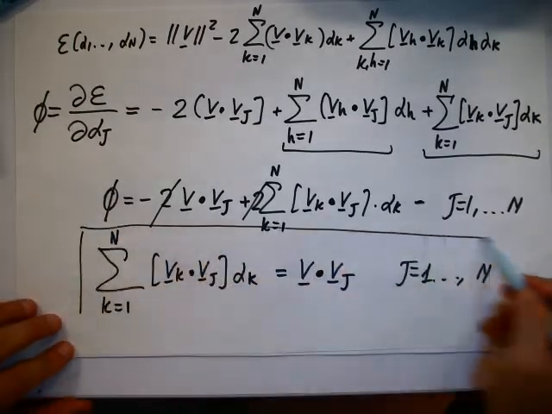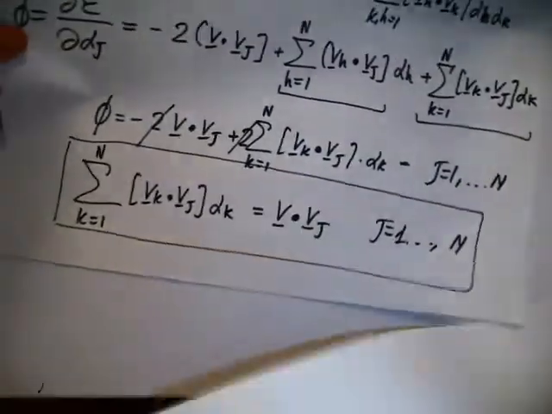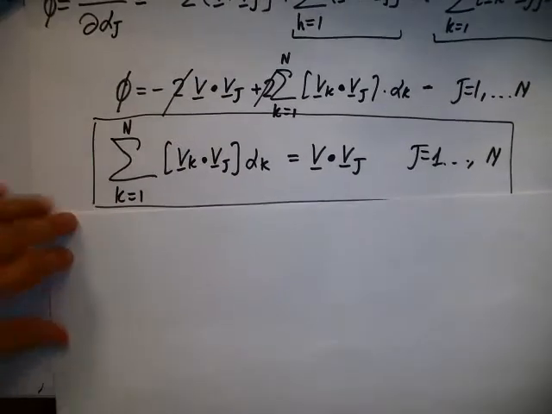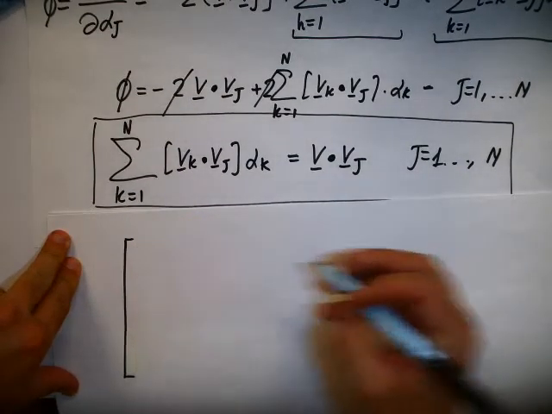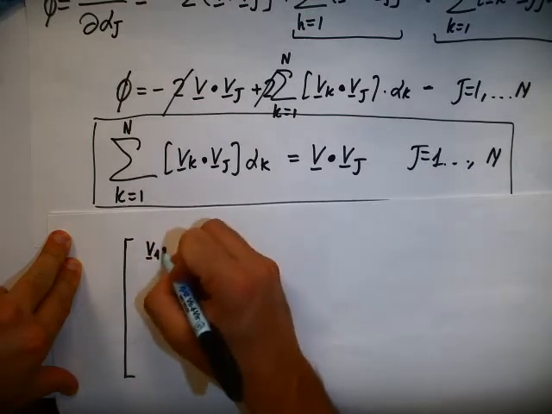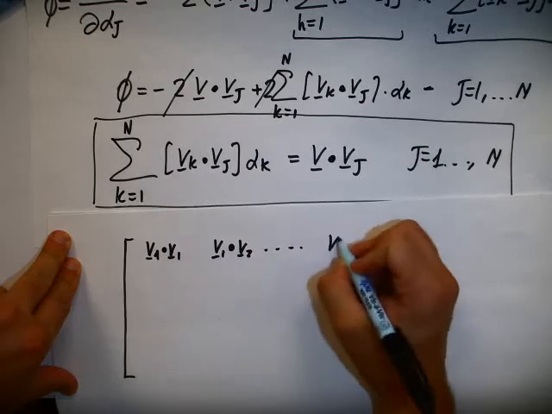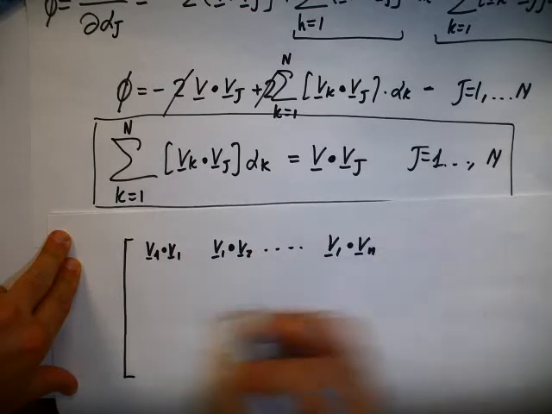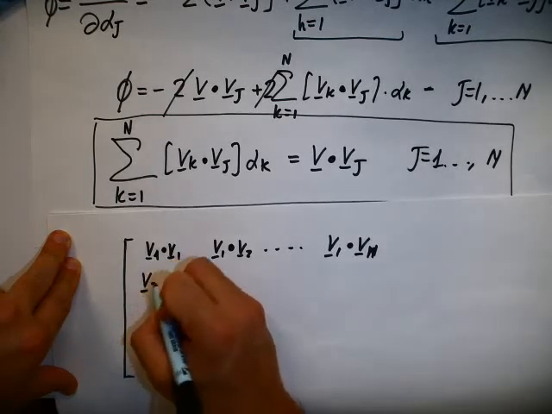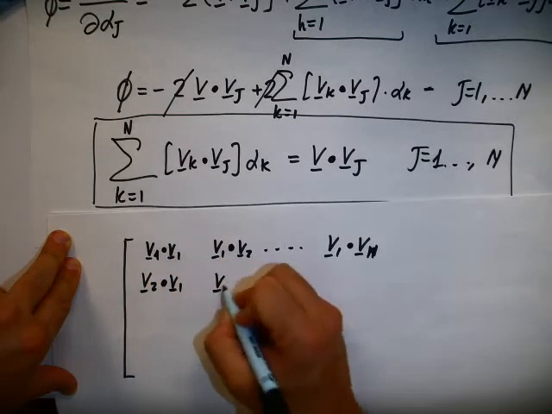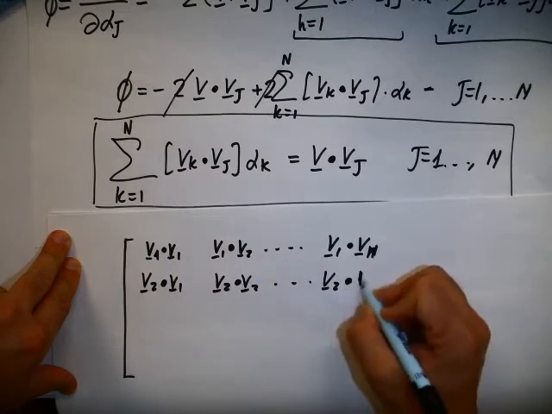So that's a very nice result, because now this is linear algebra. So let's see what is the structure of this system. Let's rewrite it in a generic matrix form. Here we have v_1 dot v_1, v_1 dot v_2, up to v_1 dot v_n. Then here I have v_2 dot v_1, v_2 dot v_2, v_2 dot v_n, and so on.